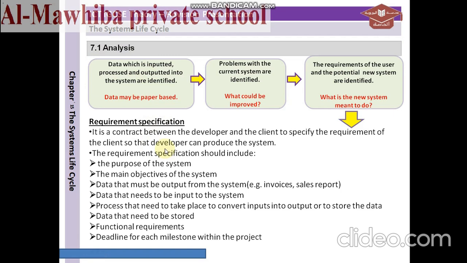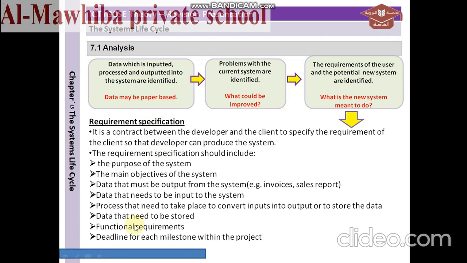The requirement specification should include the purpose or the scope of your system, the main objectives of the system, what data should be output from the system, and what data needs to be input into the system. So the input, output, then what? The process.